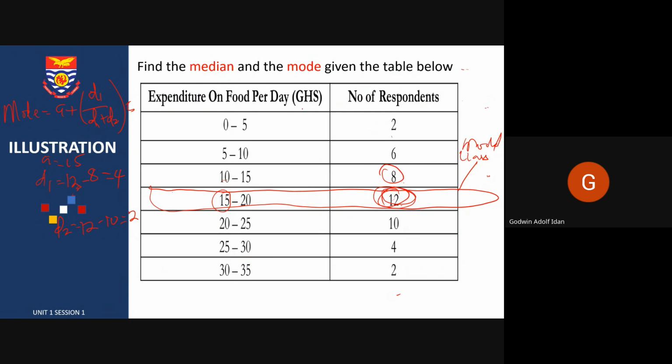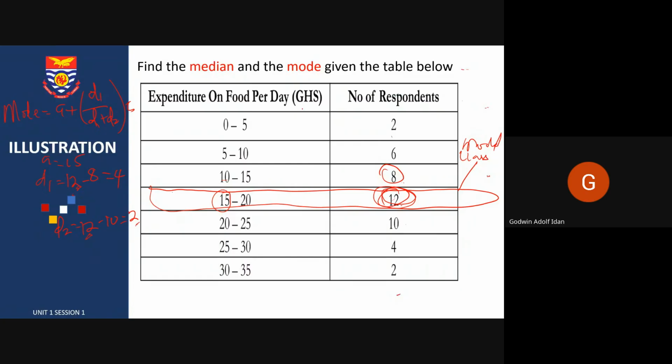That is D1. Then also, D2 is the difference between the frequency of the modal class and the frequency below the modal class. So the frequency of the modal class again is 12. The frequency below the modal class is 10. So you do 12 minus 10, which gives you 2.